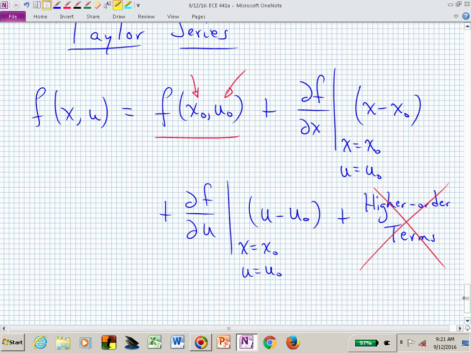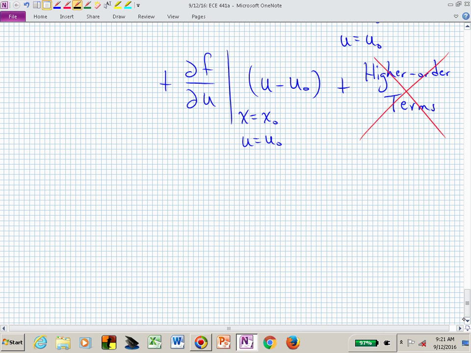Now, if we rewrite this, it will become crystal clear. We can rewrite that by putting this f of x naught, u naught on the other side, so that we now have f of x, u minus f of x naught, u naught.